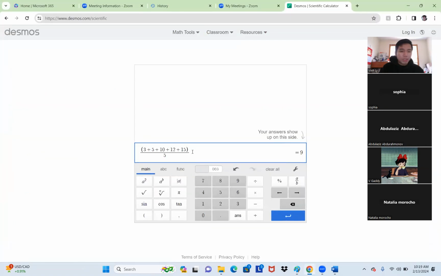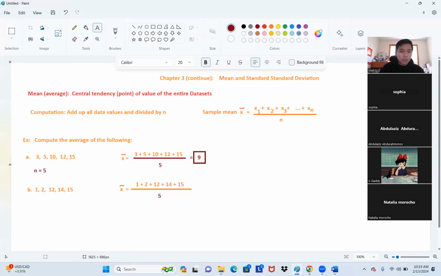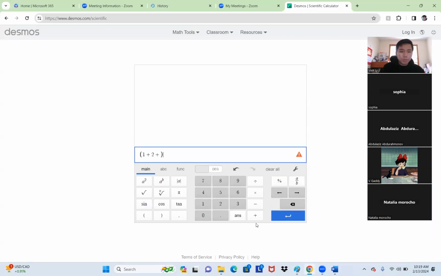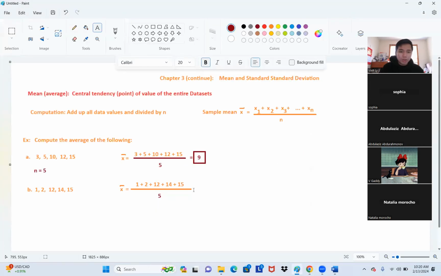So the answer is 8.8. If we have 6 data points, we just divide by 6. If we have 7 data points, just divide by 7, and so on and so forth.